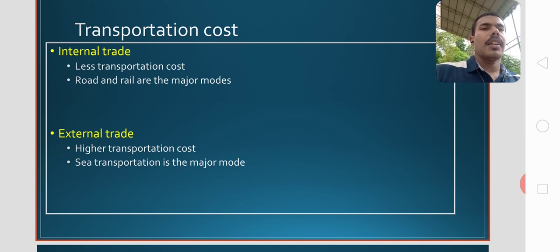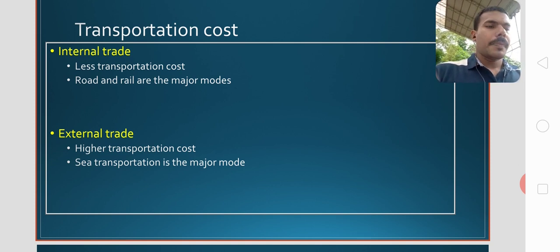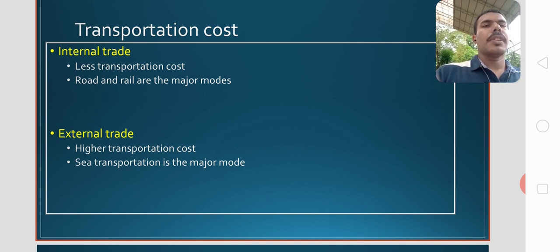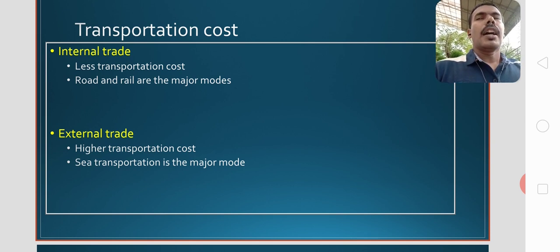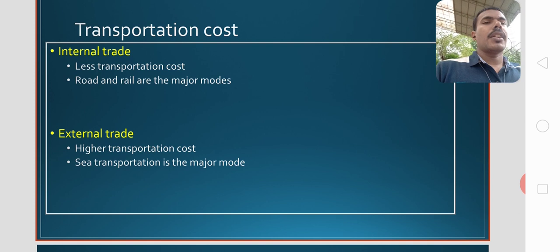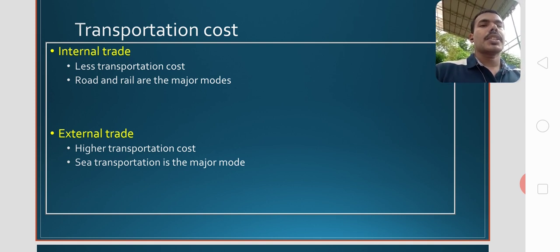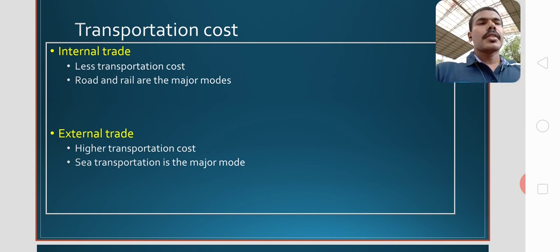That may be closer in terms of kilometers. There will not be much distance compared to external trade, and just road transportation or rail transportation are the major modes of transportation in case of internal trade for almost all the nations. But for external trade, this is not the case.